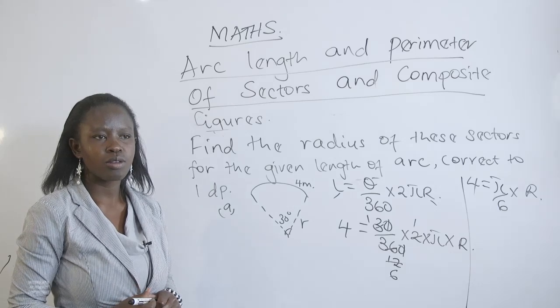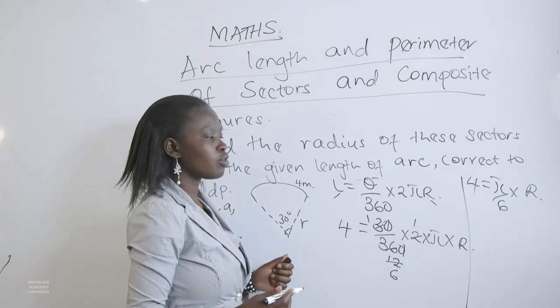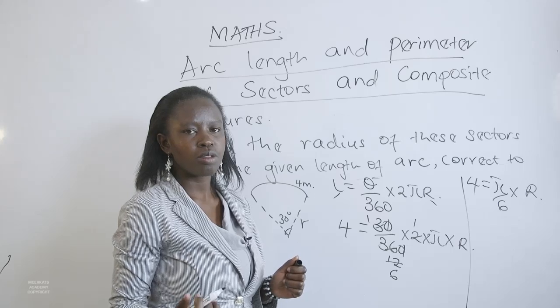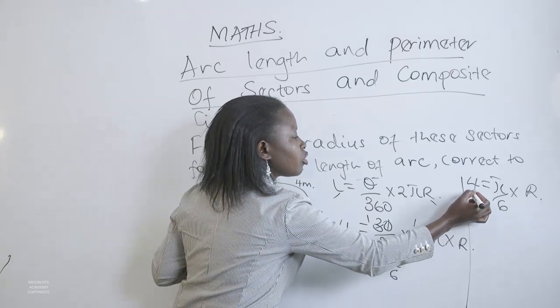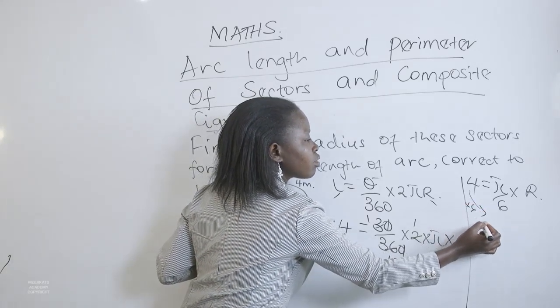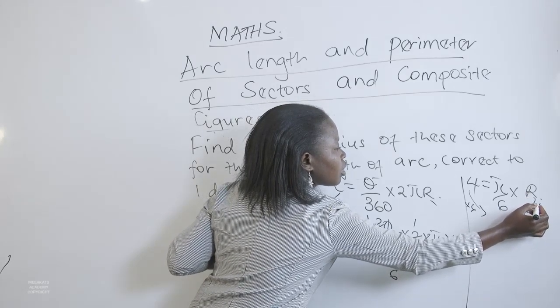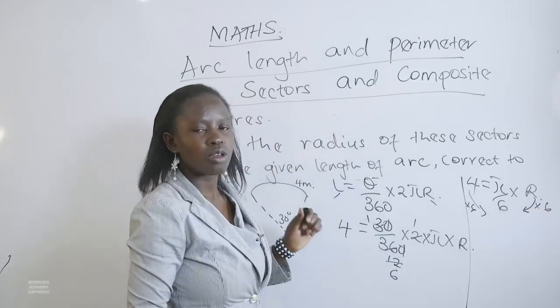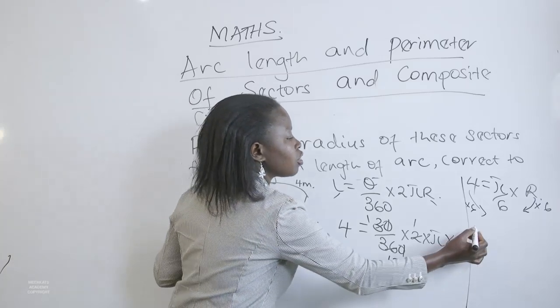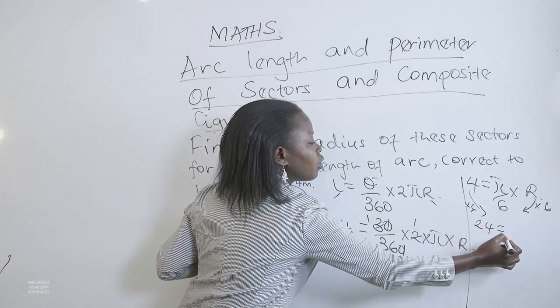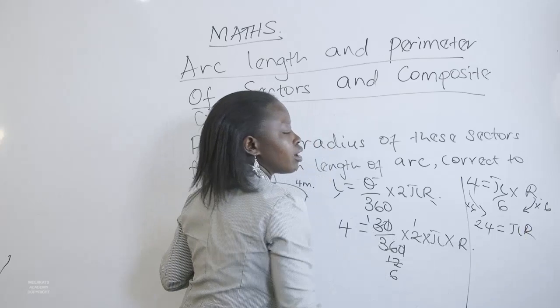So for us to get the value of r, we first start by multiplying both sides by 6. So multiply the left hand side by 6, multiply the right hand side by 6, so that we have 4 times 6 gives us 24, will be equal to pi r.